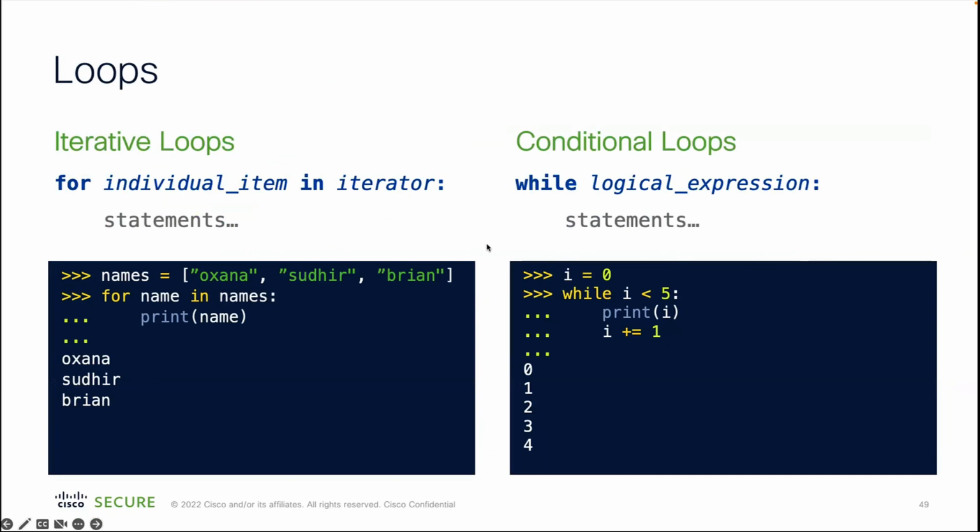So speaking of loops, there are two different types of loops that we can use with Python: an iterative loop, or for loop, and a conditional loop, which is the while loop. For loops are by far more commonly used, I would say, when you deal with dictionaries and lists.